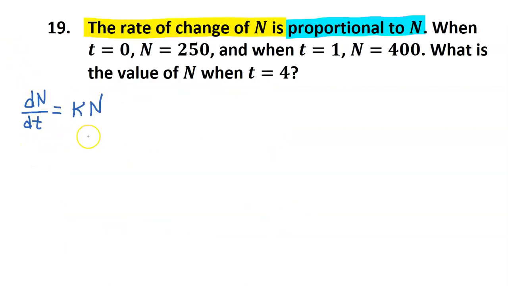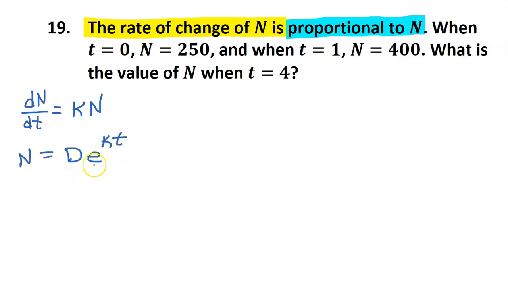Did you memorize it already? Here we have that same situation. We have the rate of change of n is proportional to n. The rate of change of a quantity is proportional to itself. So the solution for n will automatically be d times e to the kt.